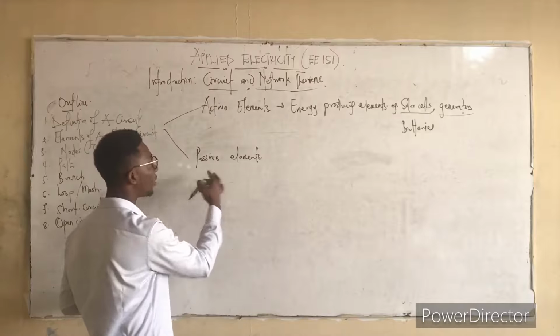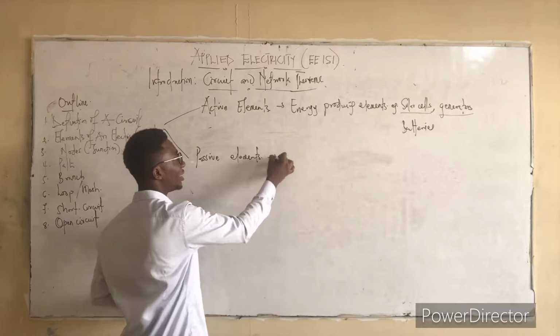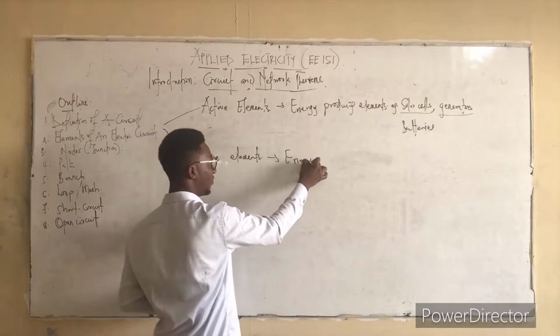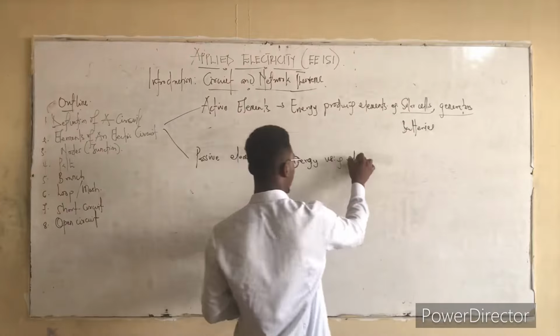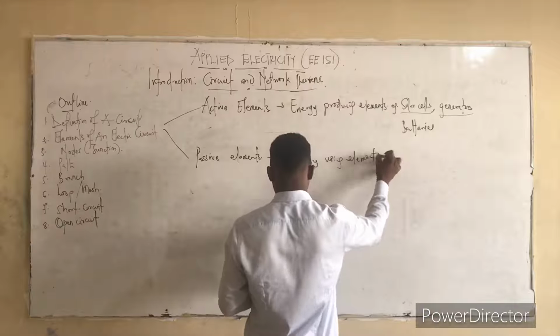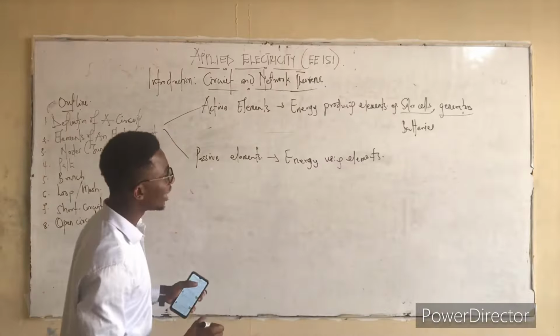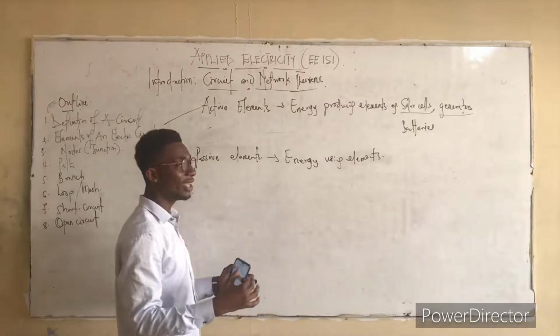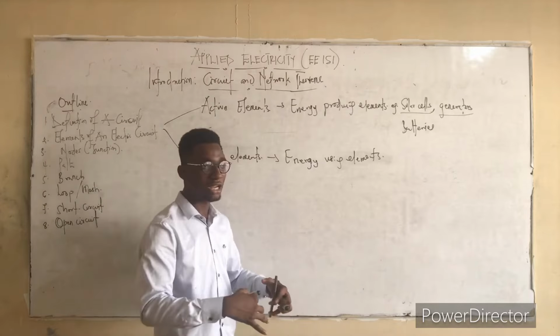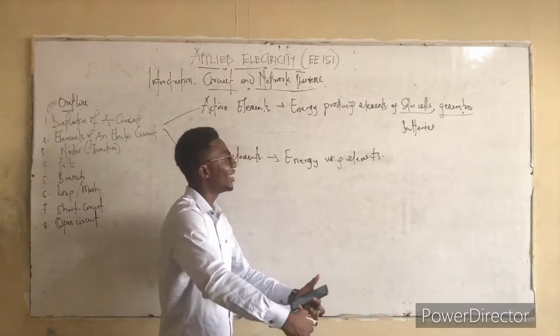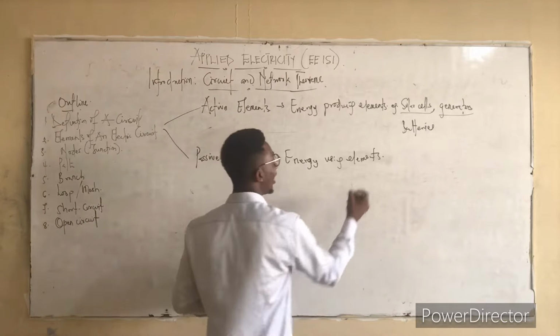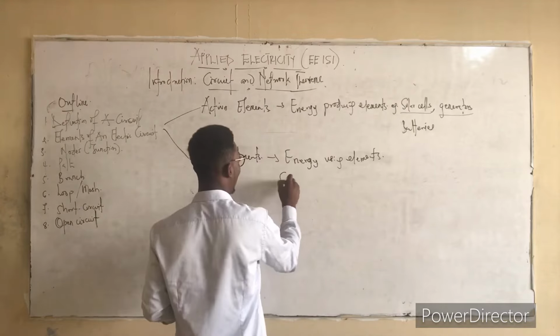Now when it comes to the passive elements, they are simply the energy using elements. That means elements that use the energy; they don't have the capacity or the ability to produce energy. A typical example is capacitors.